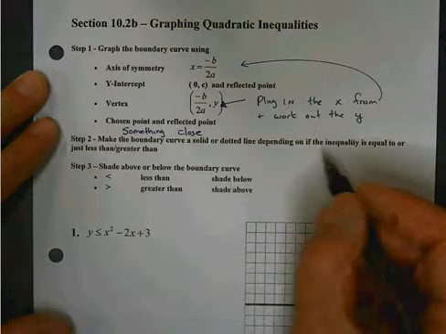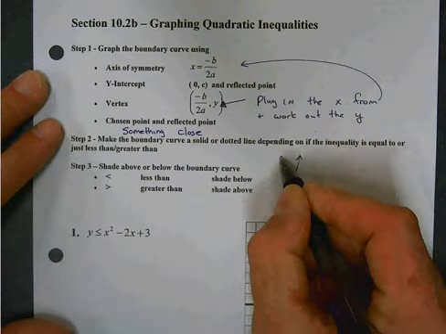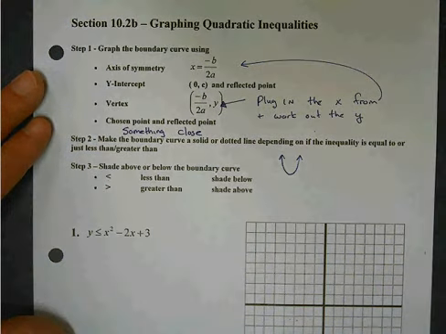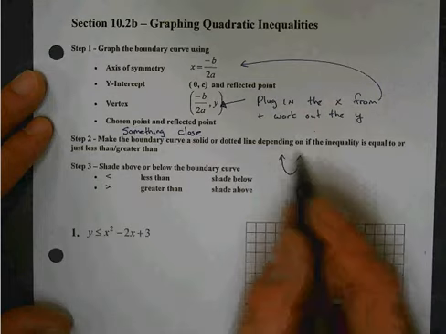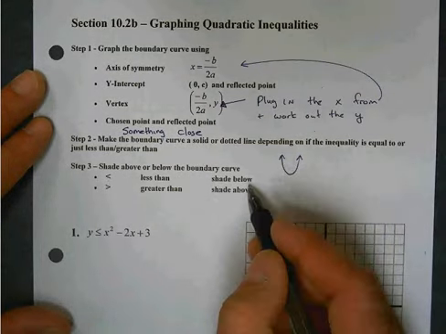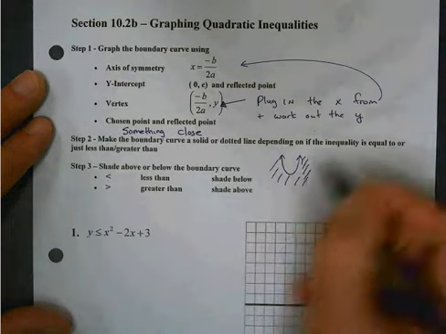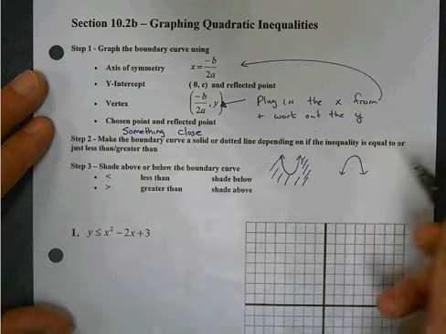Now, I want to show you 4 simple illustrations. Less than or greater than. Well, just think less than is below. What's below this graph? This is below, right? What's below this graph?